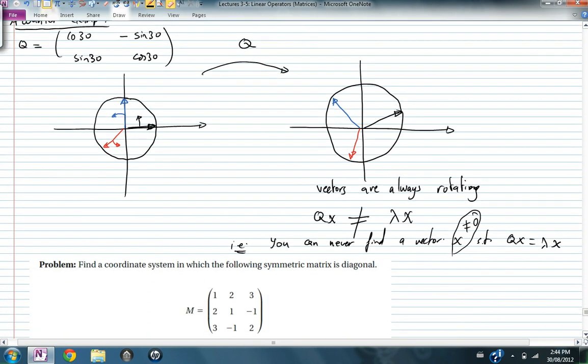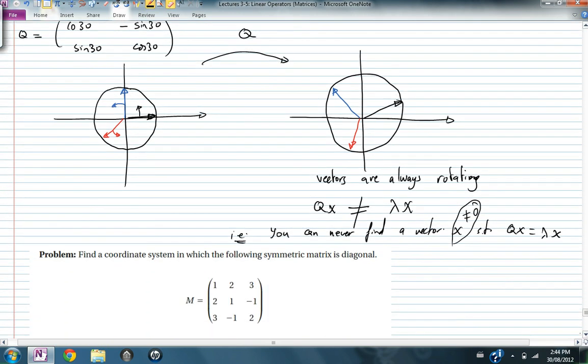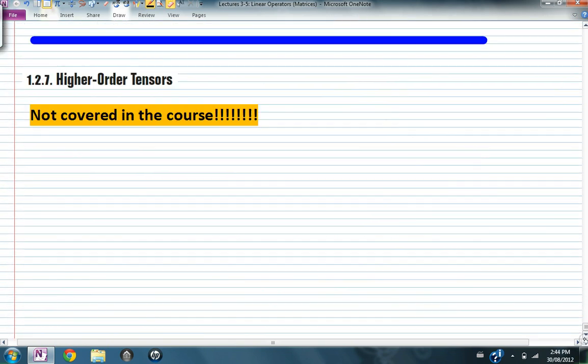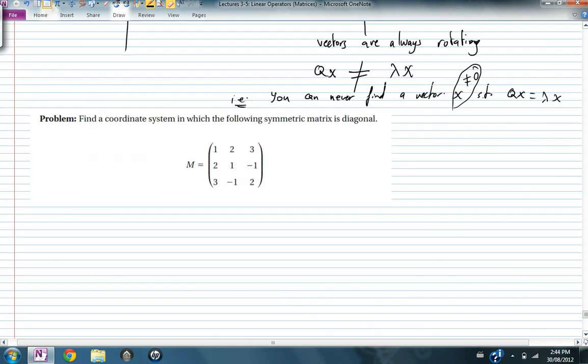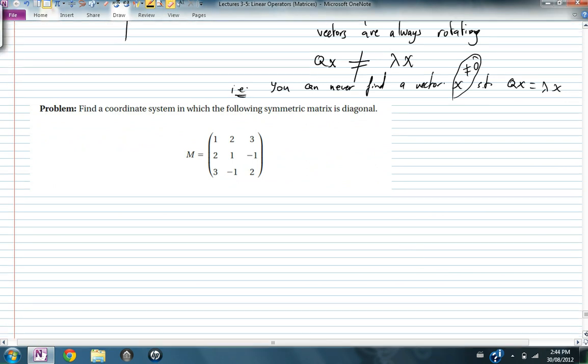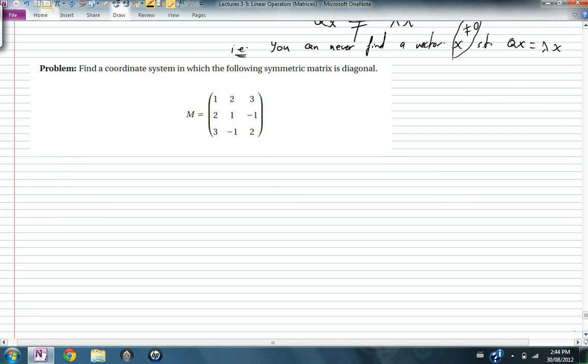So the last example in this section, just to give you a numerical example, we need to find a coordinate system in which the following symmetric matrix is diagonal. So let's look at what we have here.